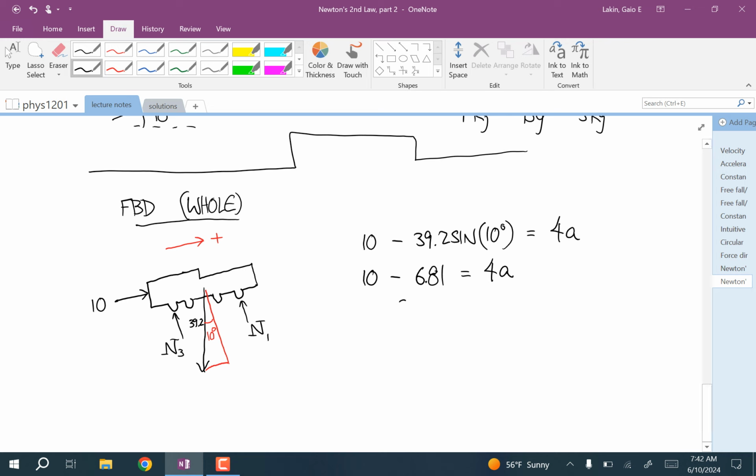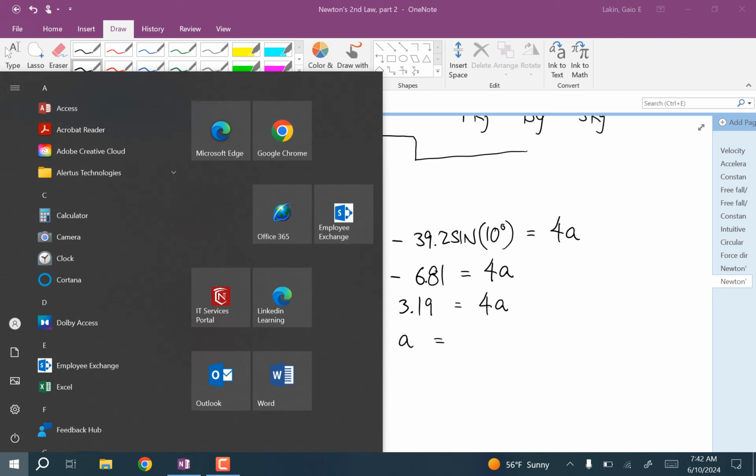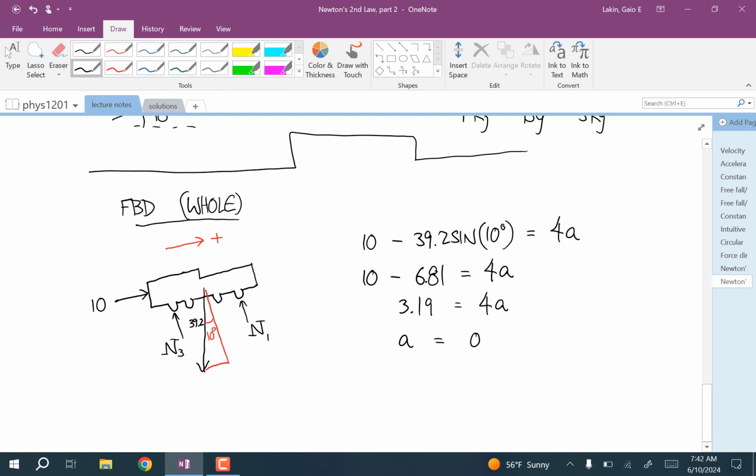And so that is 3.19 is equal to 4a. Divide both sides by 4, and you get that a is equal to positive 0.80 meters per second squared.